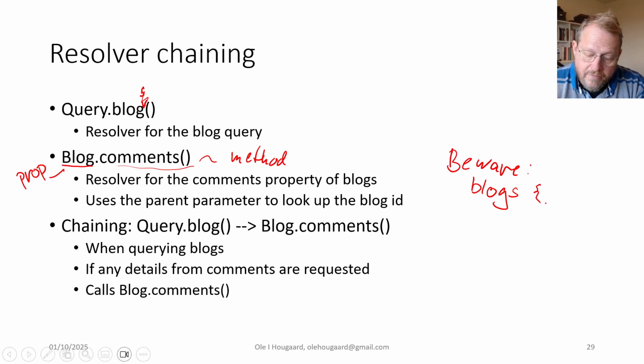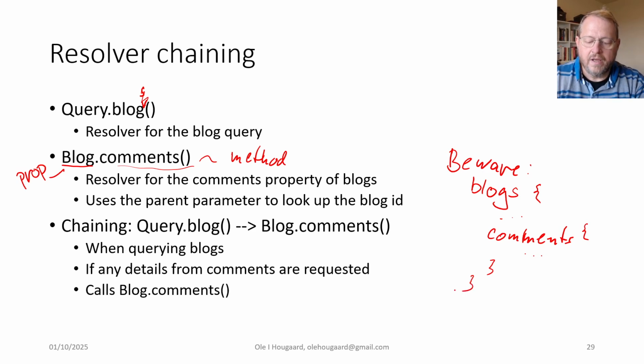Preferably it's only blog, because if you're doing the blogs and you're doing some stuff and then you're doing some comments and then you're doing some stuff from comments, then what you're getting is a query to get all the blogs, and then for each blog it's going to go through and call blog.comments, and blog.comments is going to call the database.